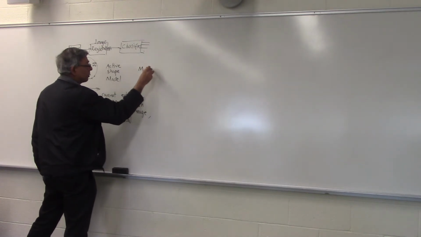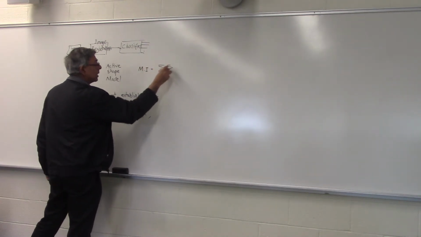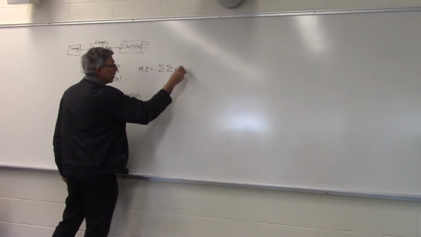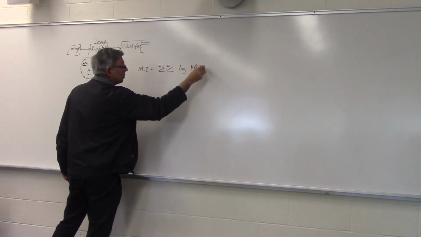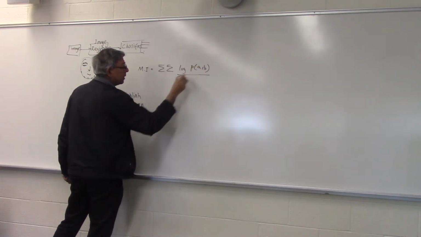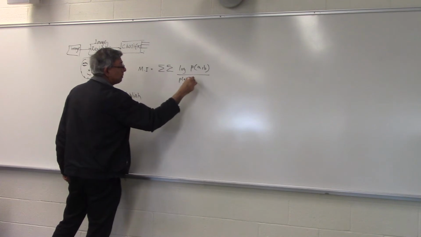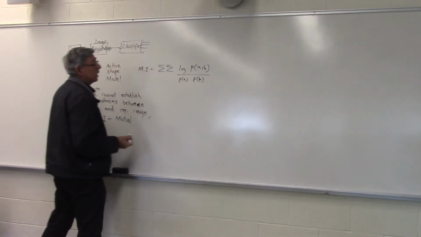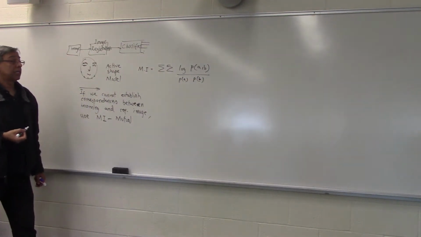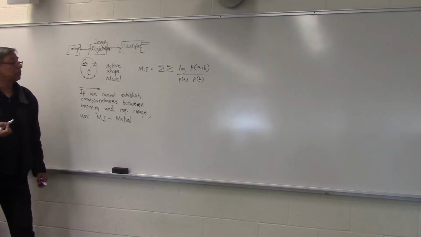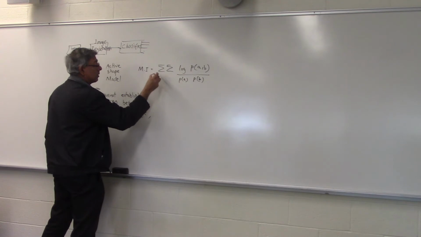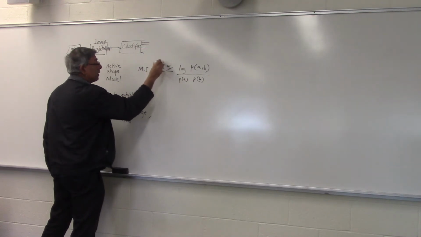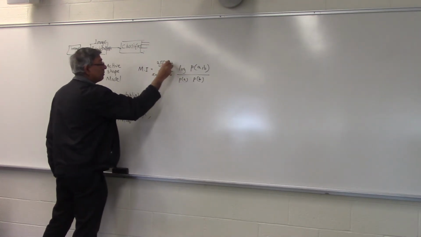If you recall, mutual information was something like this: log of the joint PDF P of A, B over P of A, P of B. A and B are the intensity levels. They vary from 0 to 255, so A equals 0 to 255, B equals 0 to 255.